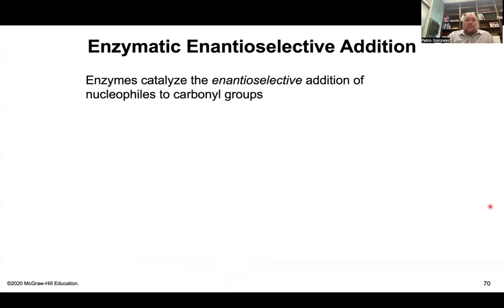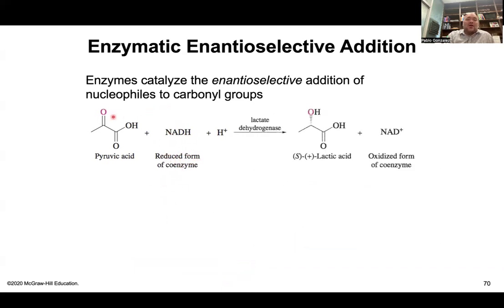In our body, we have a lot of different chemical reactions that involve, for example, carbonyl groups, reduction and oxidation of them. So enzymes, for example, catalyze the enantioselective addition of nucleophiles to carbonyl groups. NADH, once again, hydride here, is a coenzyme that helps in the reduction of pyruvic acid to lactic acid.